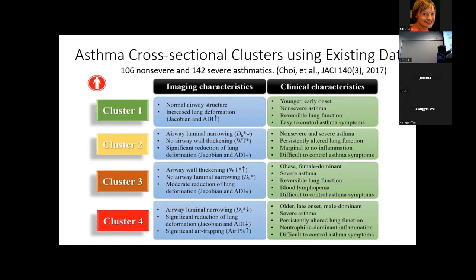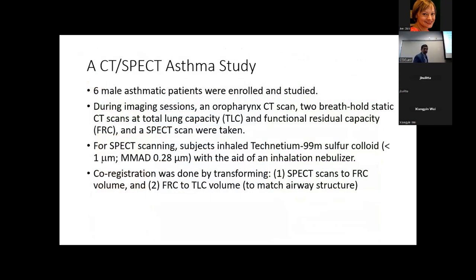In addition, you look at the right-hand side. Cluster 3 is predominantly female versus cluster 4, male. So we conducted a pilot asthma study funded by FDA, supervised by Ross.